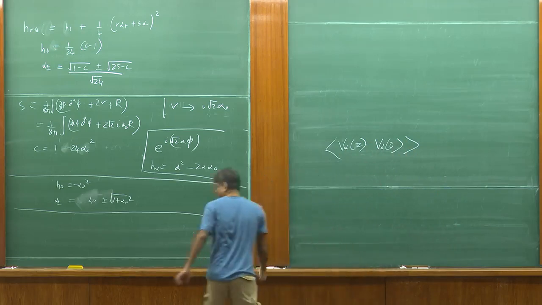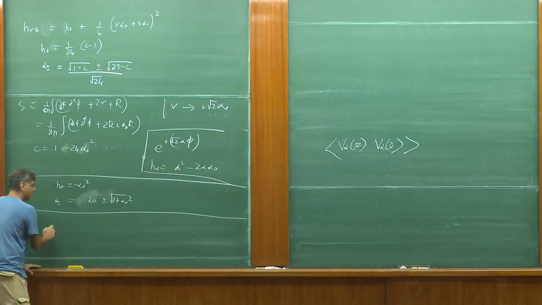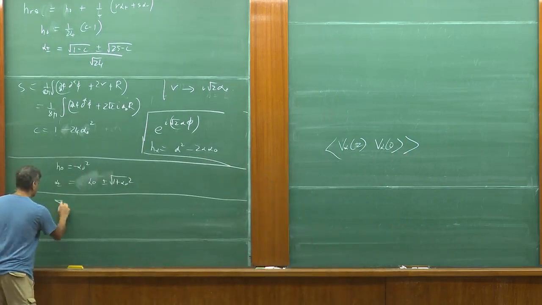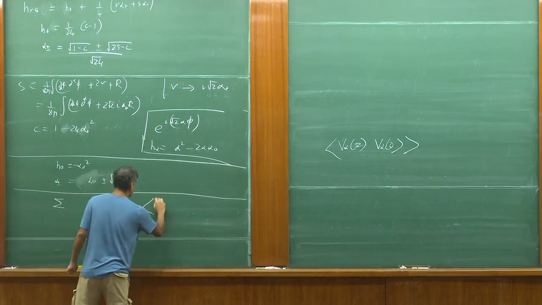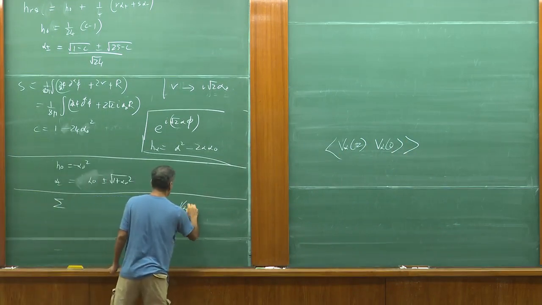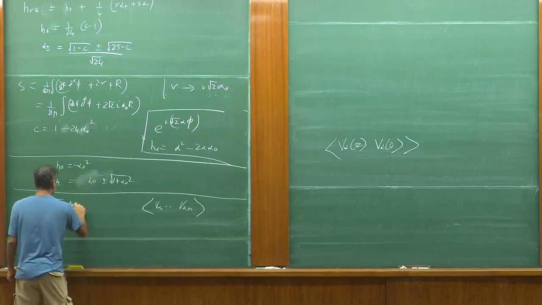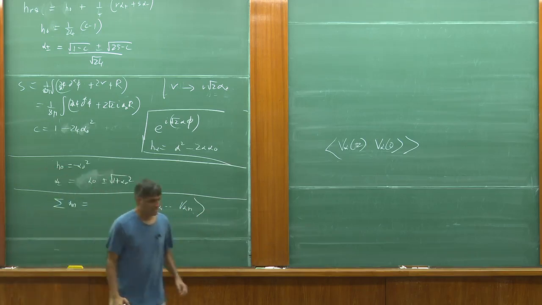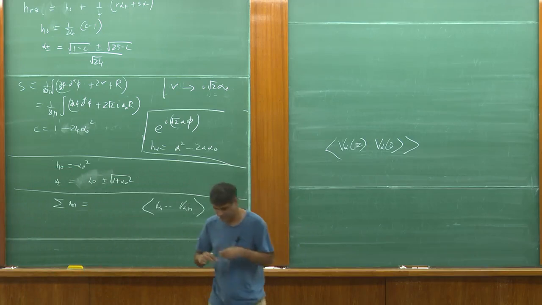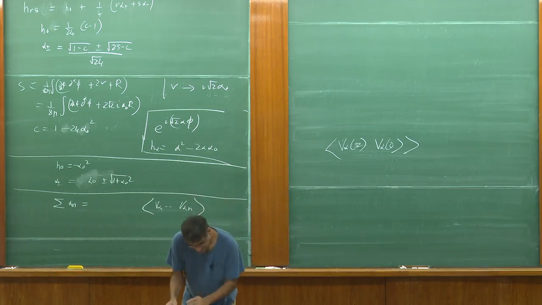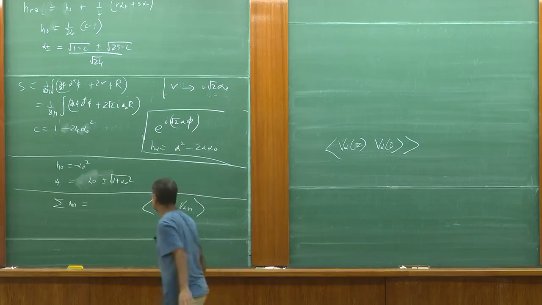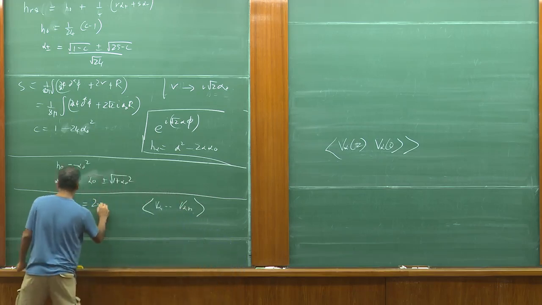Oh, I should have reminded you. We also had the charge conservation rule, which is that in a correlation function, V alpha 1, ..., V alpha n, the sum over alpha n was equal to 2 alpha naught.